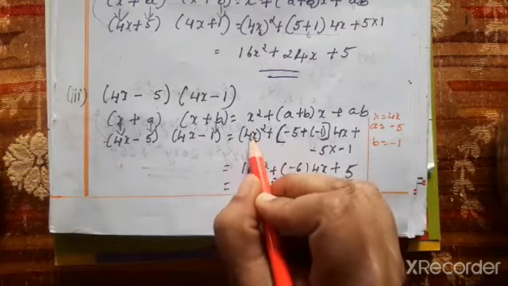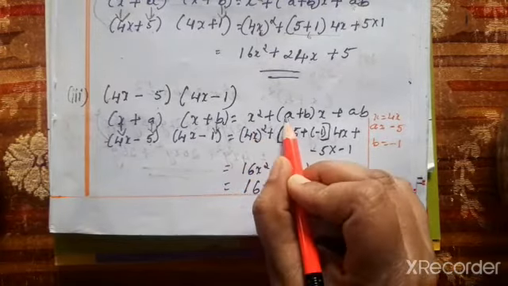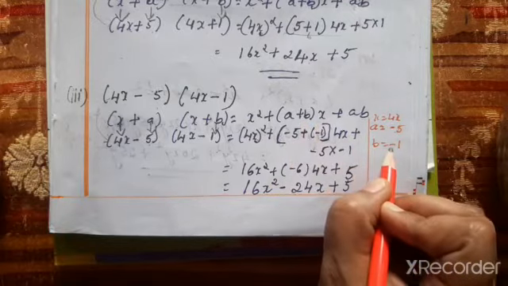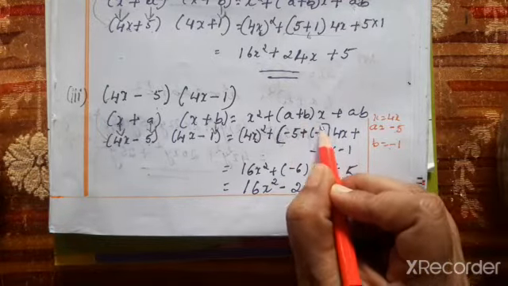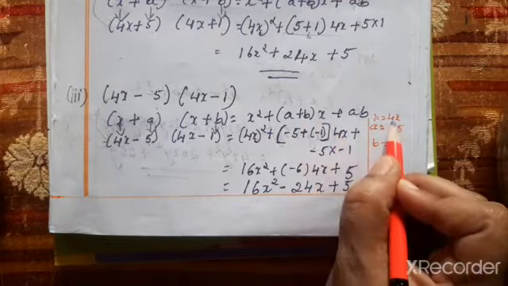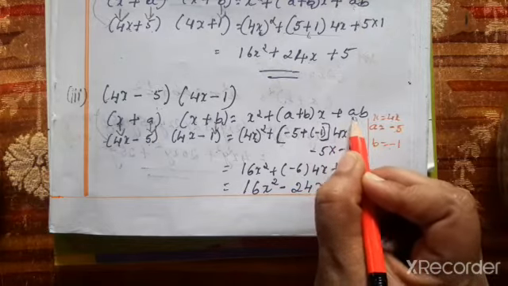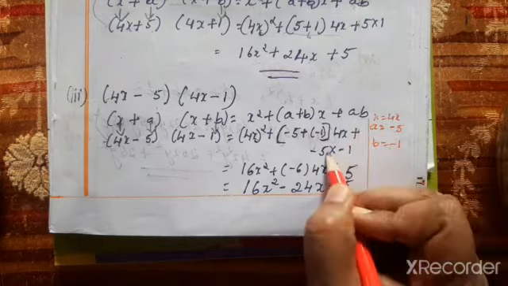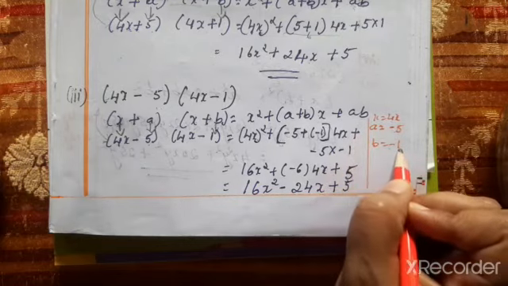So x² means (4x)², plus (a + b), that is −5 plus −1, times x, that is 4x, plus ab, that is −5 times −1.